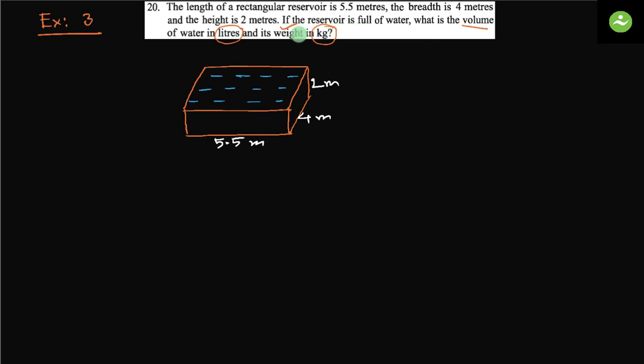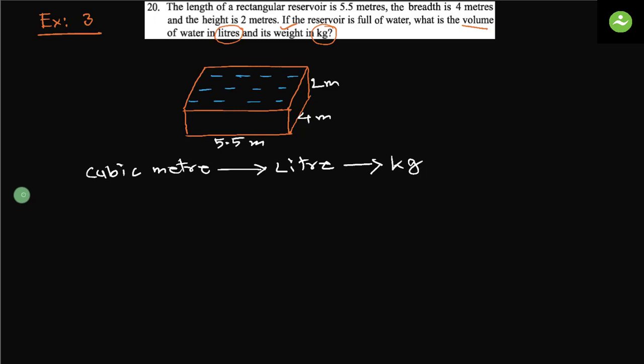And we have to find the volume, and we know volume will be cubic meter because the length, height and breadth are given in meter. So cubic meter, and we have to find the volume in liters. So we have to convert the cubic meter into liter, and from liter we have to find the weight in kilogram.